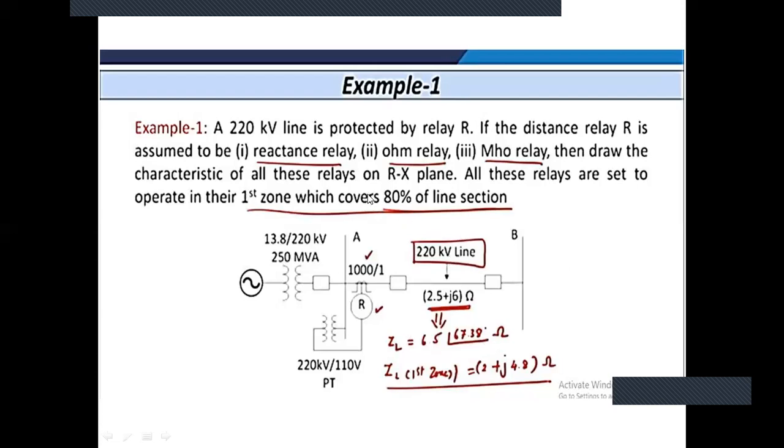All these relays are set to operate in their first zone, which covers how much percent? 80%.